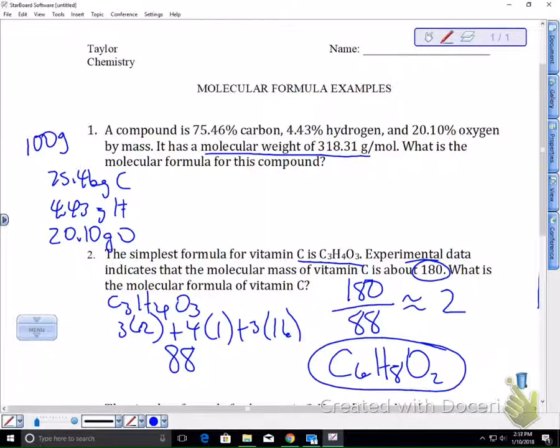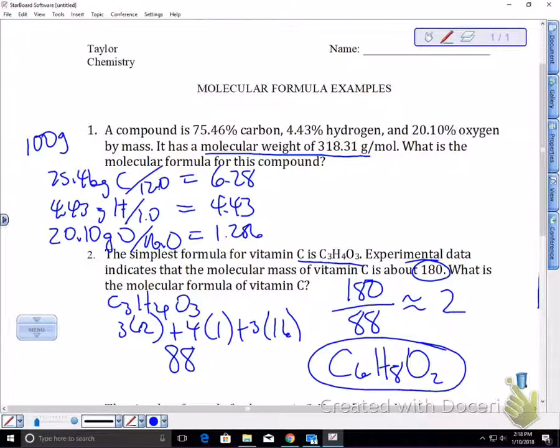Okay, we'll save a little space here, so bear with me. I'm converting all of these to moles, so I'm dividing by the molar mass. So 12 for carbon, 1 for hydrogen, 16 for oxygen. Those moles come out to be 6.28, 4.43, and 1.256. Okay, so now we have our mole ratio.